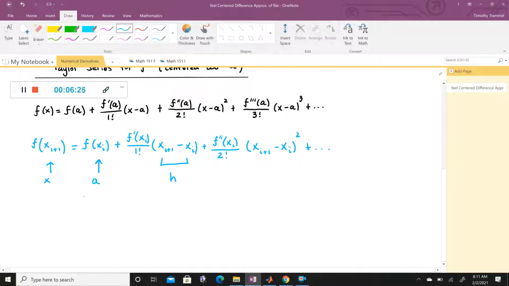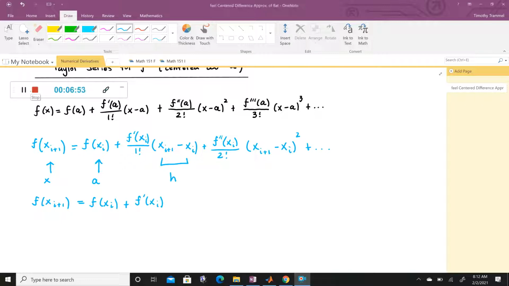But the way that we could go in and write this is f of x sub i plus 1 is equal to f of x sub i plus f prime of x sub i. And then if we were to subtract these two, that's going to give us h.